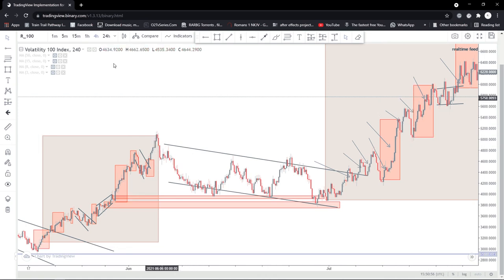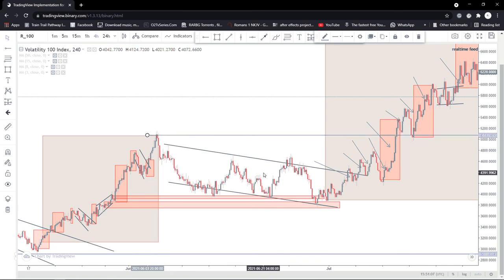There are two things here. But either way, the order block and supply and demand are not the same thing, guys. Don't confuse those. Supply and demand starts a trend. Supply and demand starts order blocks.